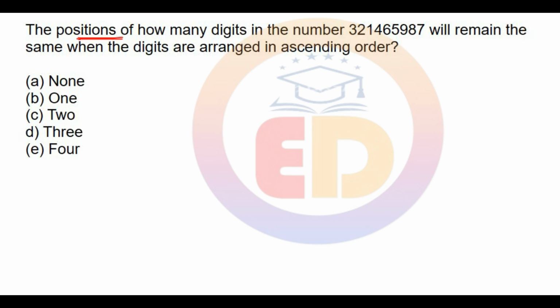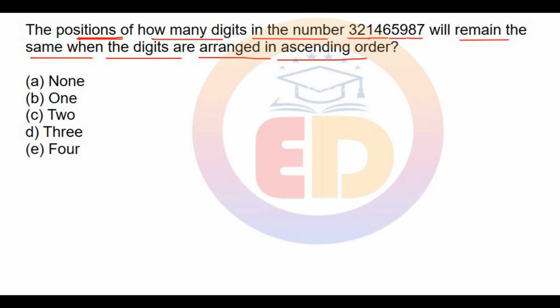The positions of how many digits in the number 3, 2, 1, 4, 6, 5, 9, 8, 7 will remain the same when the digits are arranged in ascending order.